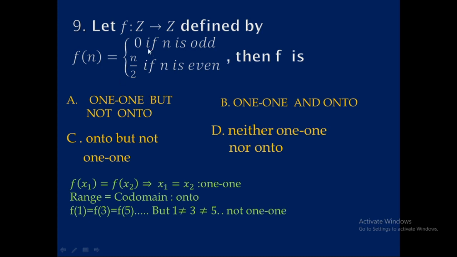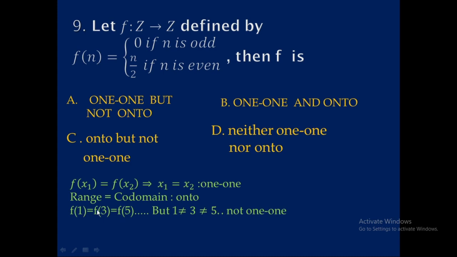Here you know that the image of 1 is an odd number, its value is 0. Image of 3 is an odd number, its image is 0. Image of 5 is an odd number, image is 0. All odd integral values give the same image. It means all odd integers are associated with a unique value.